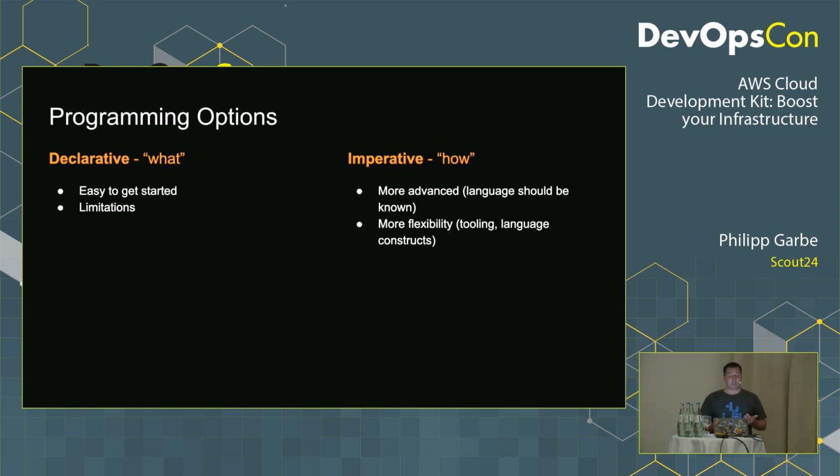But it also has some limitations, like you cannot do more advanced constructs like loops or inheritance and so on. On the other side, the imperative way is more about how you achieve that. It's normally done by using one of these higher level programming languages, where you can also use the benefits of these languages. Like I said, loops can easily be used, or inheritance.